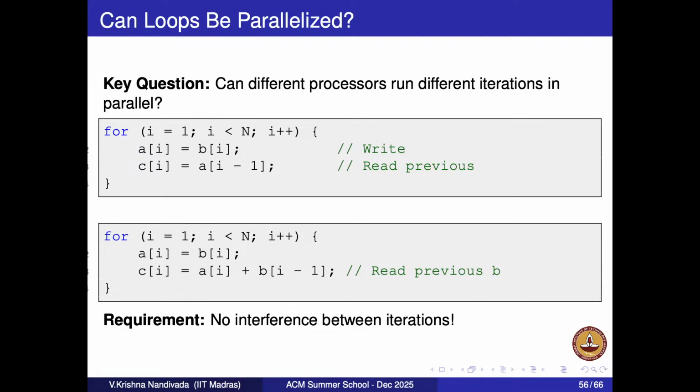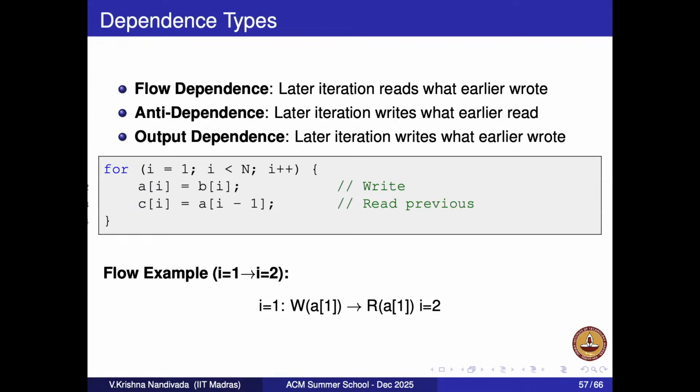Not intra, inter. No. So I can parallelize this loop. This loop I cannot parallelize. No dependence, parallelize. With dependence, you cannot. Sometimes you can eliminate dependence, sometimes you cannot. That's a separate issue. Some types of dependence, not all types of dependence, but yeah.